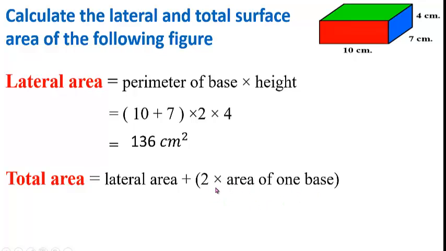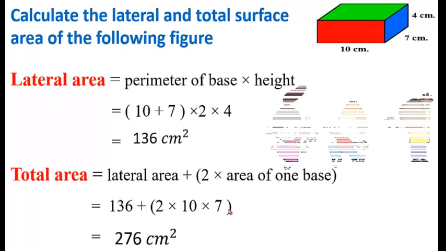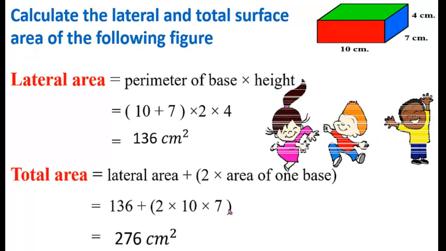So 2 times 10 times 7. As a result, I will have total area equal to 136, which is the lateral area, plus 2 times 10 times 7, which is equal to 276 centimeters squared. It's easy, right? We just need to memorize the rules and then you'll find it so easy. Let's go now and see another question.